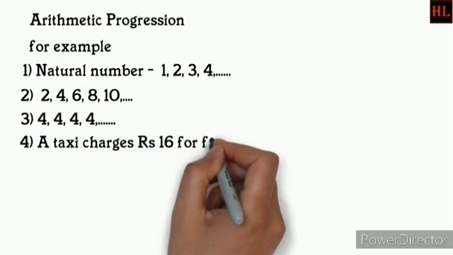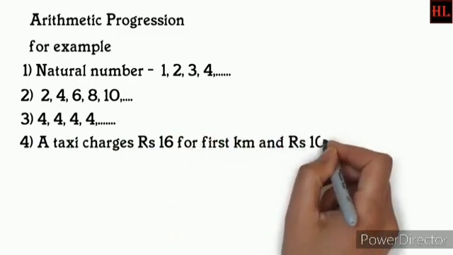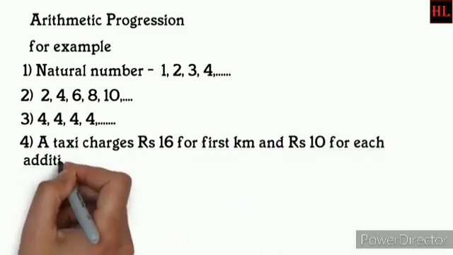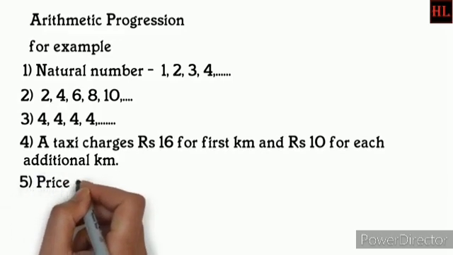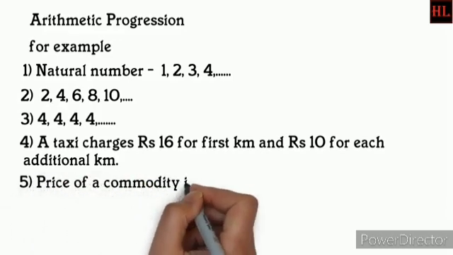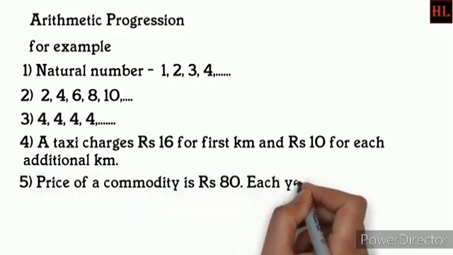For example, a daily life example. A taxi charges rupees 16 for the first kilometer and rupees 10 for each additional kilometer. Then how will be the AP, or arithmetic progression? Yes, that is 16, 26, 36, and so on. In the next example, the price of a commodity is rupees 80.